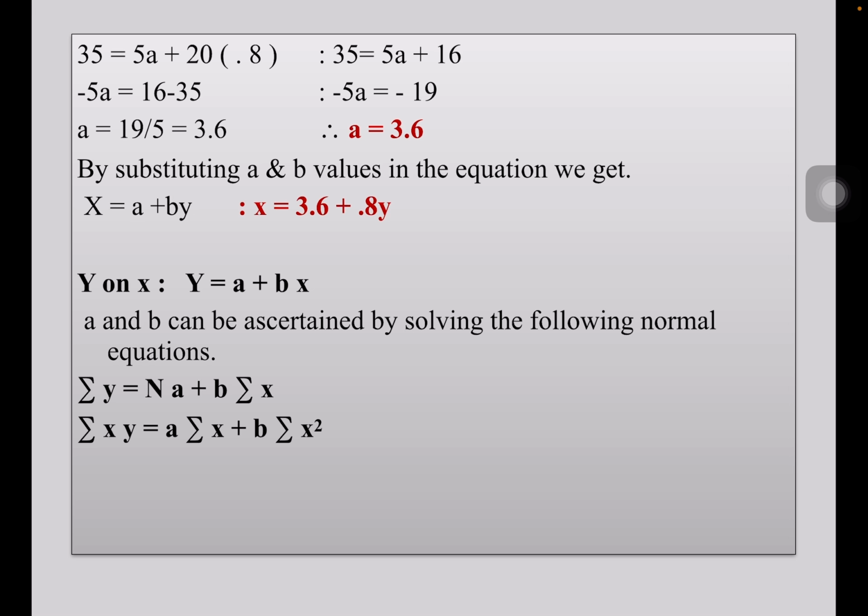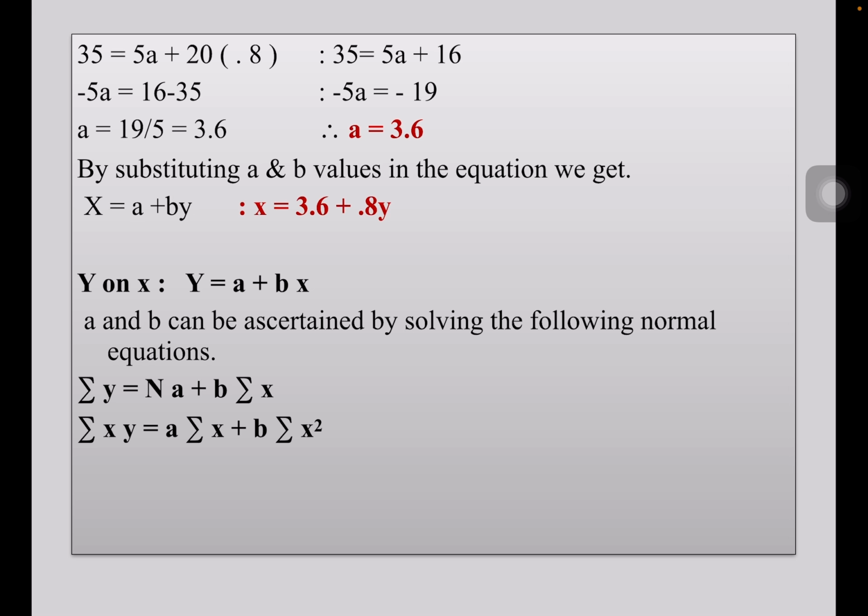Therefore, the value will be 16. You have to bring all letters to one side, values to the other side. If you do like that, minus 5a is equal to 16 minus 35, minus 5a is equal to minus 19, both sides minus. Therefore, 5a equal to 19, a equal to 19 by 5, 3.6.